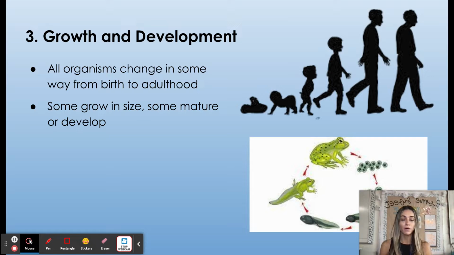So if you think about a baby, it can't walk or talk or do a lot of things, whereas a grown adult has matured and developed in lots of ways. You can also think about the life cycle of a frog, starting off as a tadpole and changing both in size and shape and maturity, eventually leading to an adult frog.